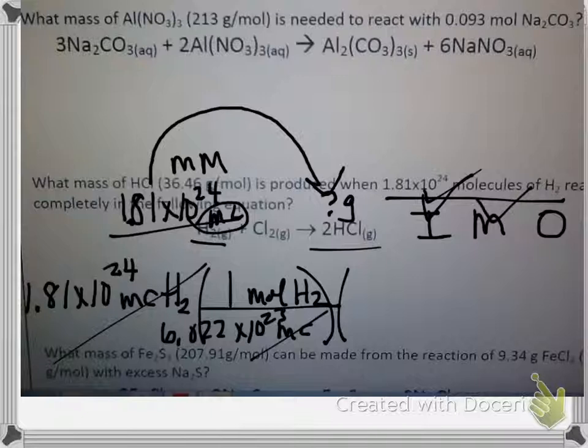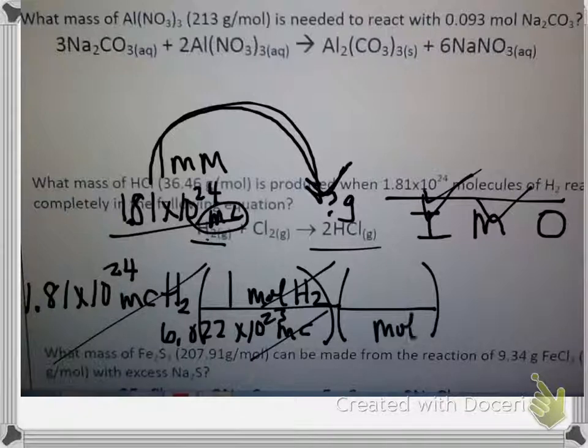Now I need to do my mole to mole. I need to convert moles of hydrogen into moles of HCl. This is where I use my mole to mole conversion. So I've got moles of hydrogen on top, so I'm going to put my moles of hydrogen on bottom, so they will cancel out. And I'm going to put what I'm converting to always on top. So I'm converting to HCl. So there's my moles of HCl. Always out of the box.